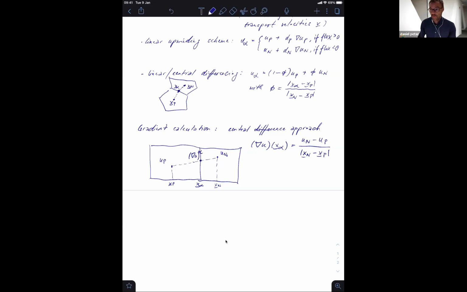Again, this would need corrections if the cells are distorted and we have an unstructured mesh. Again, there will be corrections to that formula to make it more accurate. So let me just put that down.